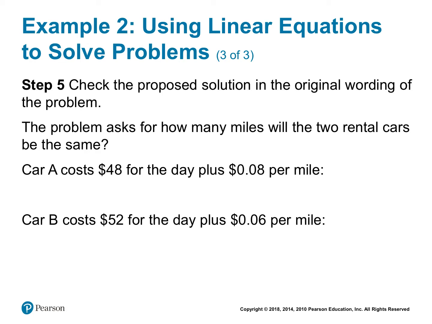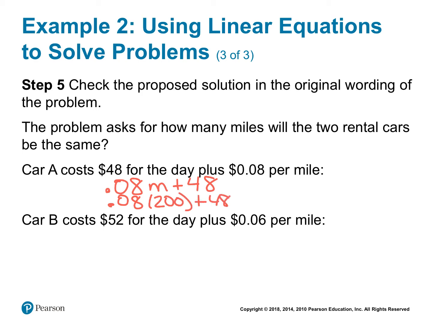Okay, so these ones are really good to double check, pretty easy to double check also. So the problem asks for how many miles will they be the same. So we said 0.08M plus 48. And we just said that 200 miles is going to be our magic number when they are the same.